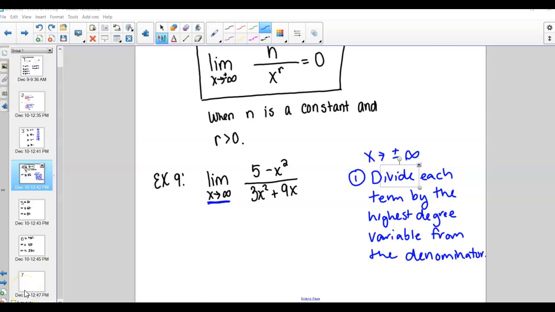So in this particular case, that highest degree variable from the denominator is this x squared right here. So we're going to divide each term by x squared.